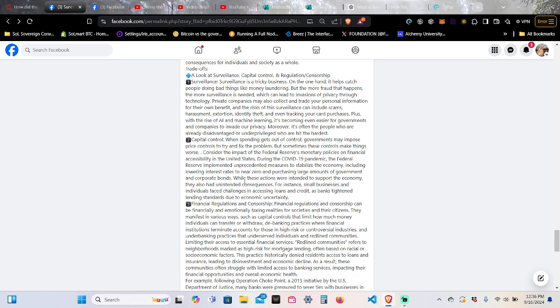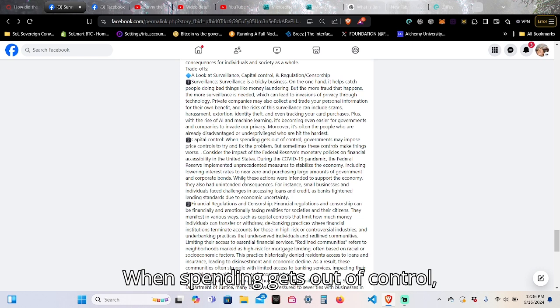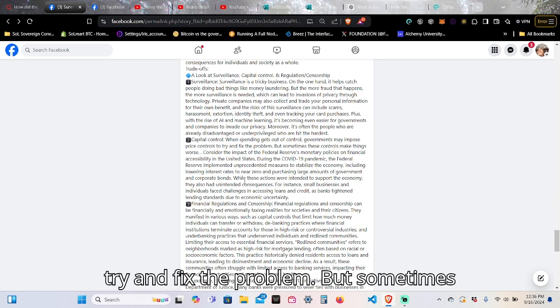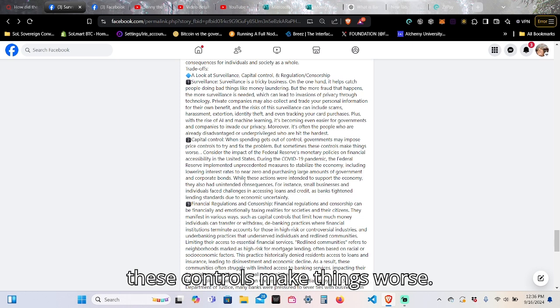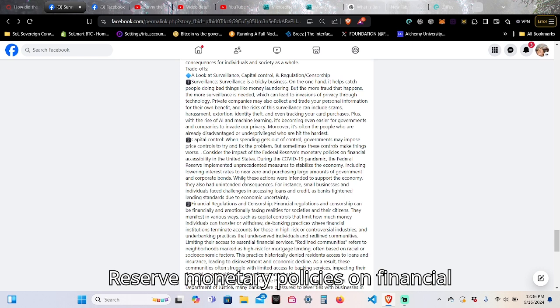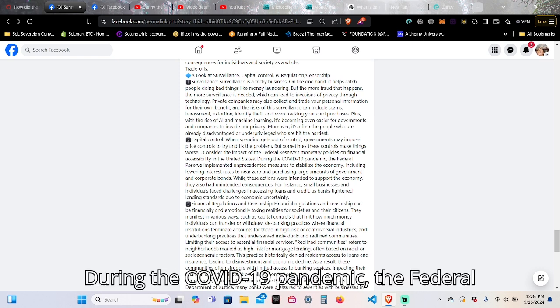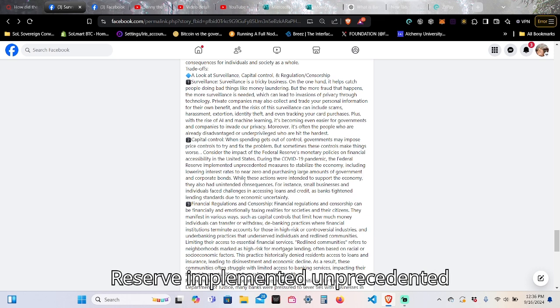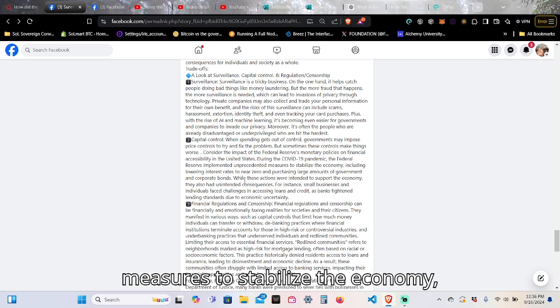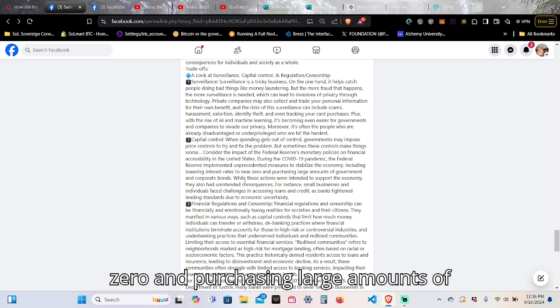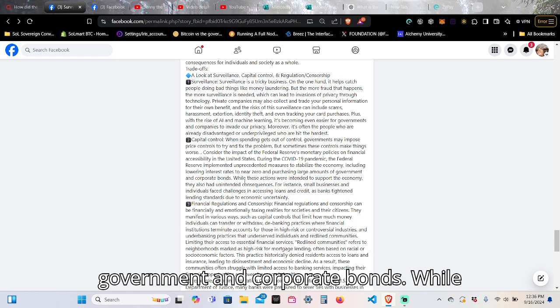Capital control. When spending gets out of control, governments may impose price controls to try and fix the problem. But sometimes these controls make things worse. Consider the impact of the Federal Reserve's monetary policies on financial accessibility in the United States. During the COVID-19 pandemic, the Federal Reserve implemented unprecedented measures to stabilize the economy, including lowering interest rates to near zero and purchasing large amounts of government and corporate bonds.